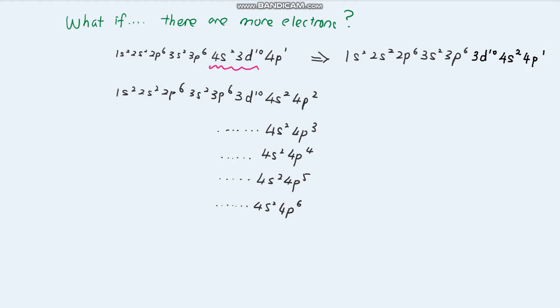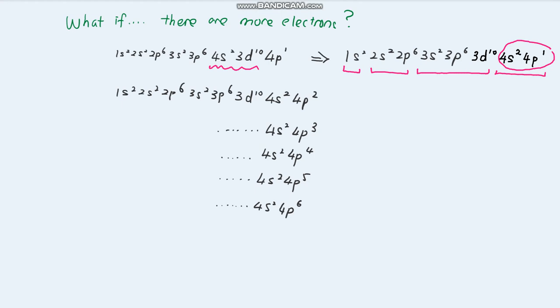So now you can clearly see the first energy level, second energy level, the third energy level, and the fourth energy level. So when you rearrange the positions of 3d and 4s, then you can clearly see the outer layer 4s and 4p subshell.